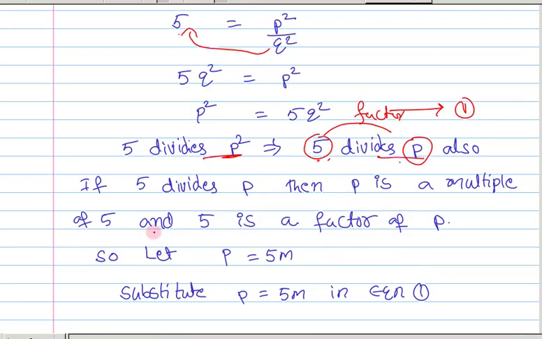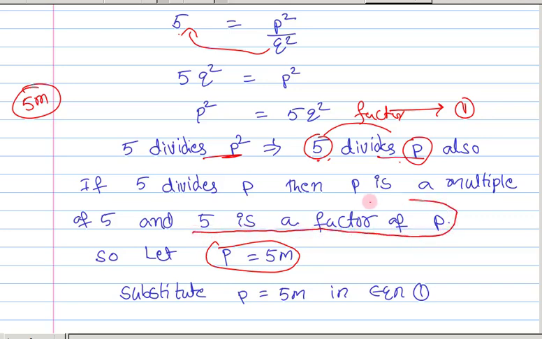If p is a multiple of 5, we know that the general form of a multiple of 5 is 5m, so I am supposing that p is 5m. Here we need to understand that 5 is a factor of p, and p is a multiple of 5.